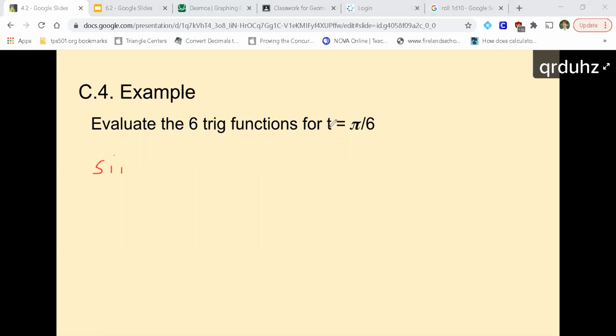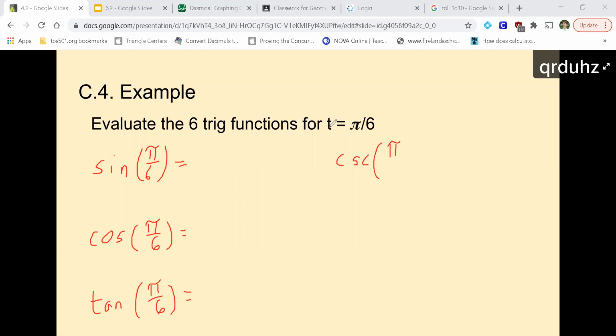So we need to find the sine of pi over 6, the cosine of pi over 6, the tangent of pi over 6, the cosecant of pi over 6, the secant of pi over 6, and the cotangent of pi over 6.